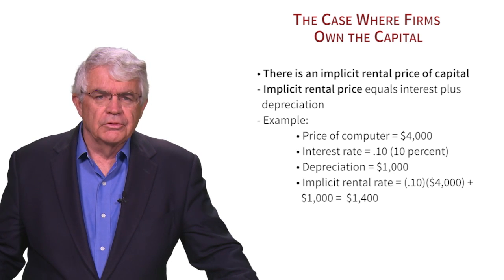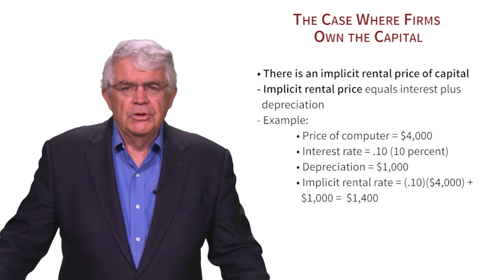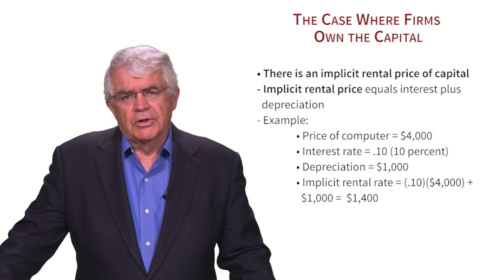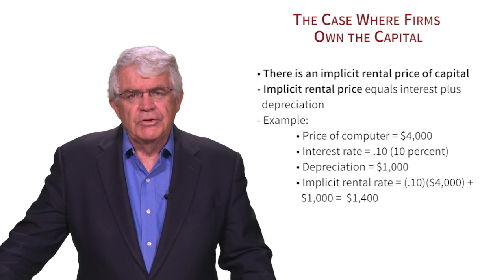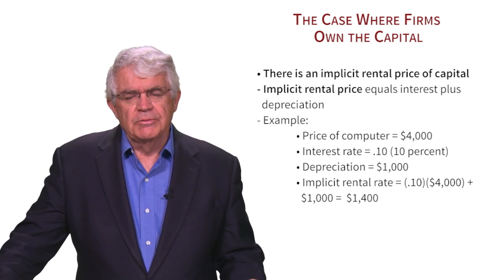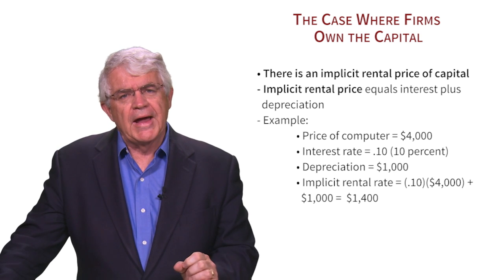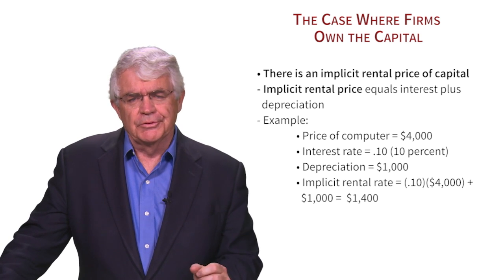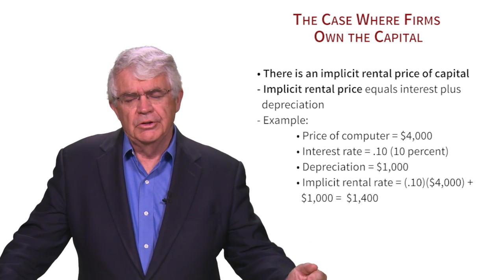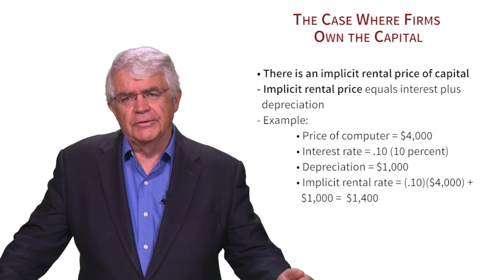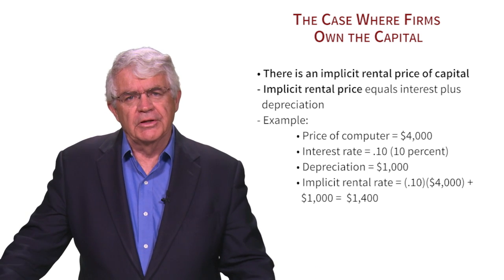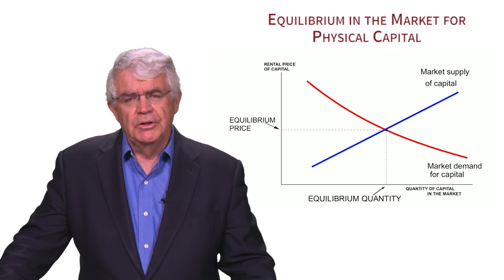And so on. If the implicit rental price falls, we get 1 truck or 2 trucks or 3 trucks, whatever it happens to be. So the analysis is exactly the same, and it's a little more abstract because we're thinking of this implicit rental price rather than just going to the nearest firm that rents out food trucks. You now buy the food truck, but it's basically the same kind of an argument.